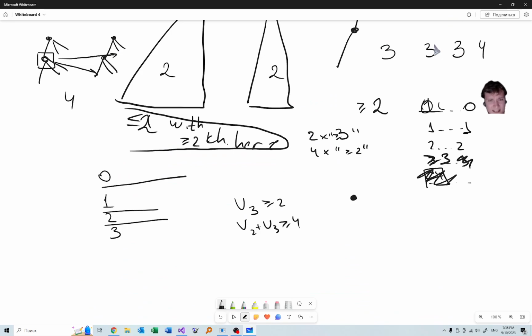So in this case, we need to put 2 vertices of degree 3 here. Yeah, so now they are branching. After that, we need to put 2 vertices of big degree here and here. And then we need to proceed with some chains. And this is also not always possible. Or is it?